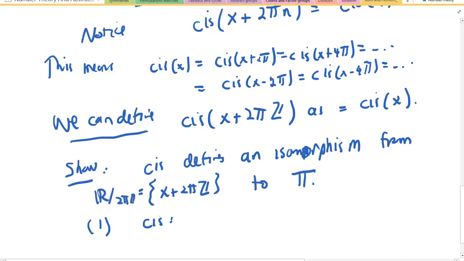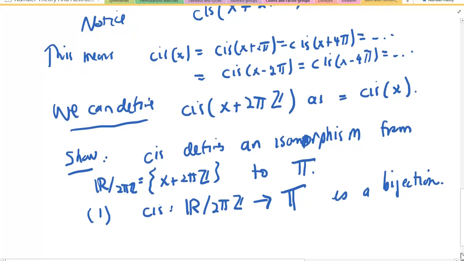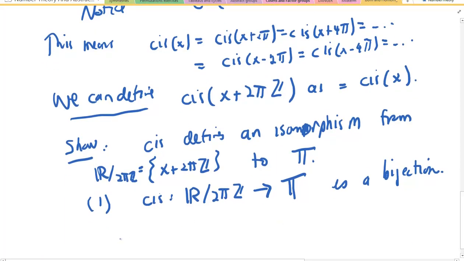Right, the set of cosets of 2 pi z in R could be written as R mod 2 pi z. Okay, so first thing you want to show that cis mapping from R mod 2 pi z to the set T is a bijection. Okay, so that's one-to-one and onto.